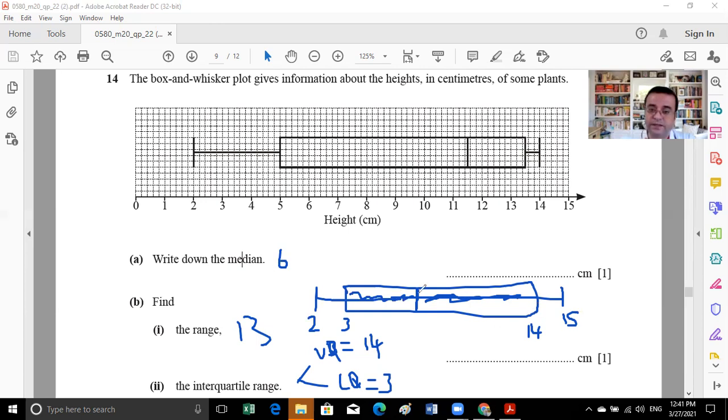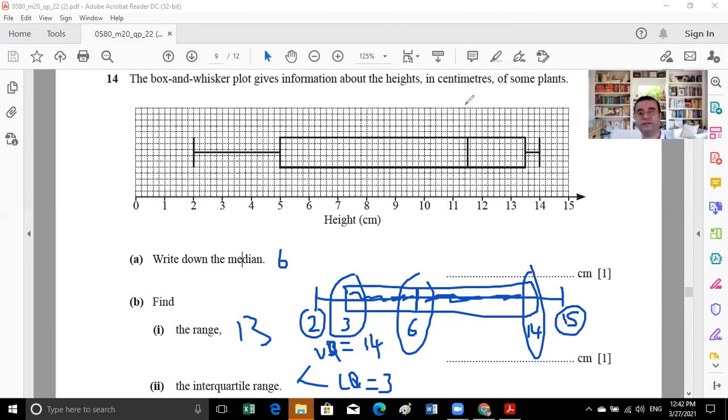So look at this, the median 6. Of course, in the graph paper you draw, and the range 15 minus 2, 13, and the upper quartile 14. This is 14, and the lower quartile 3. Understand? Yes. Okay, I expect this question this year, 2021.